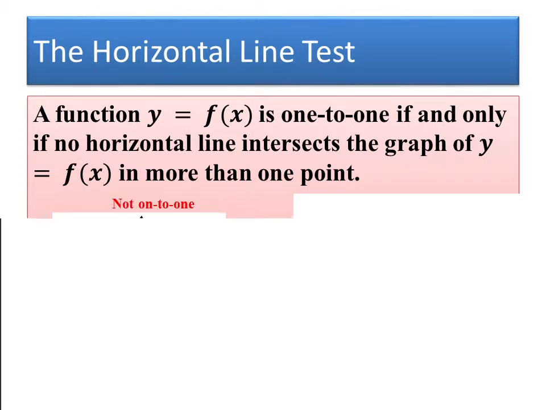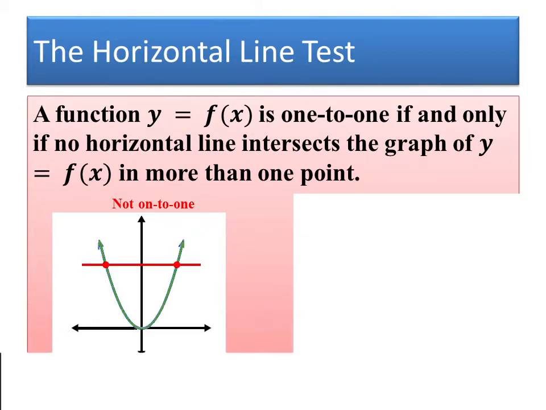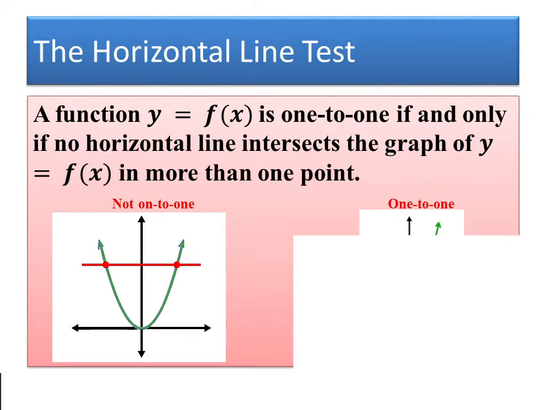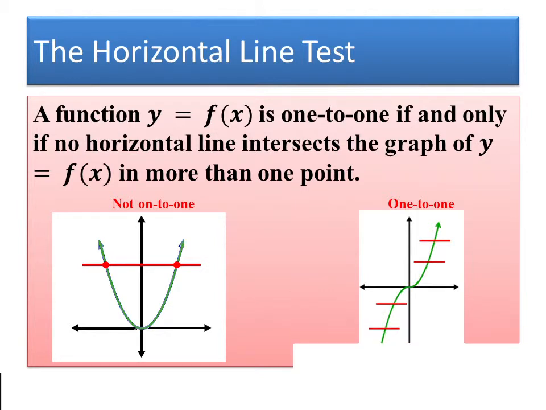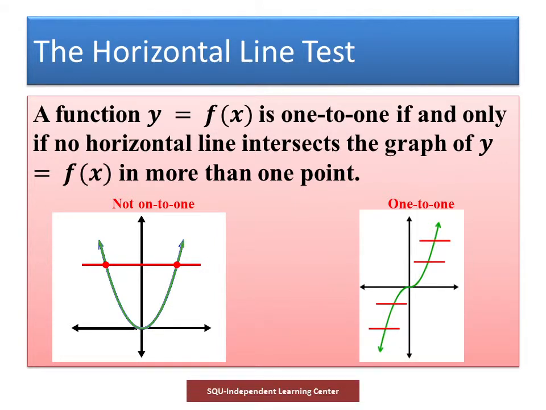And again, here we have two illustrative figures. The figure to the left-hand side, we can see that the horizontal line in red is cutting the graph of the function f of x in 2 points. So this is not one-to-one. The figure on the right-hand side, according to the horizontal line test, represents a one-to-one function.